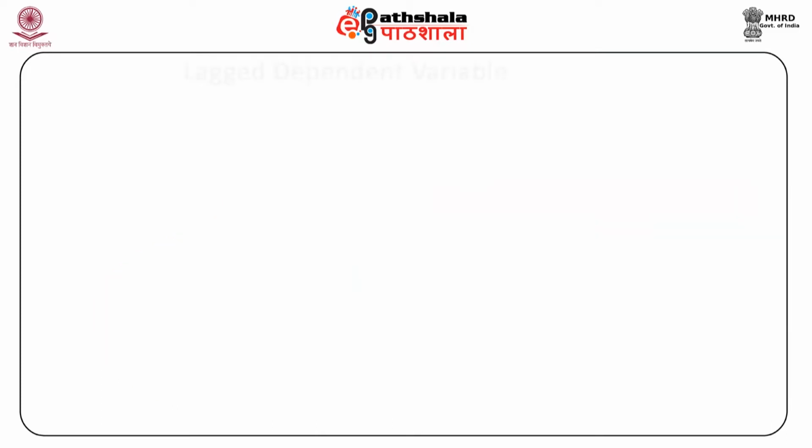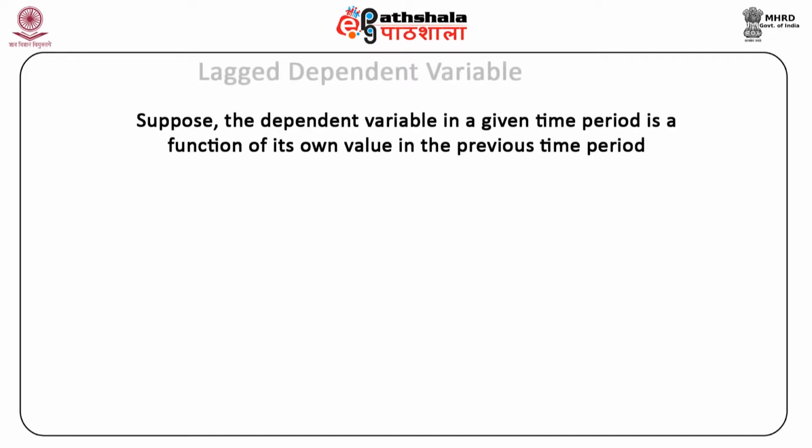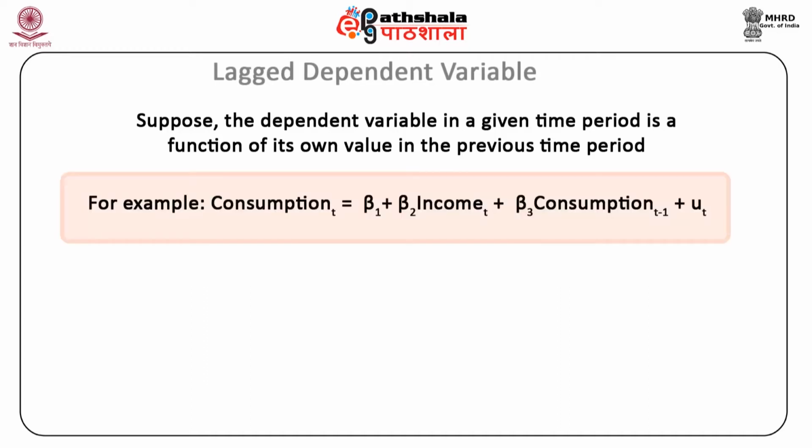The third cause of autocorrelation is the lagged dependent variable. In this, suppose the dependent variable in a given time period is a function of its own value in the previous time period. For example, consumption in period t is equal to beta 1 plus beta 2 income t plus beta 3 consumption t minus 1 plus u t.